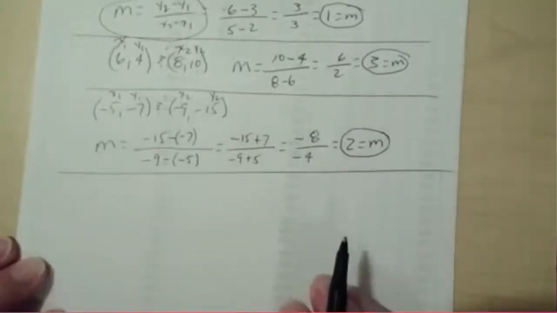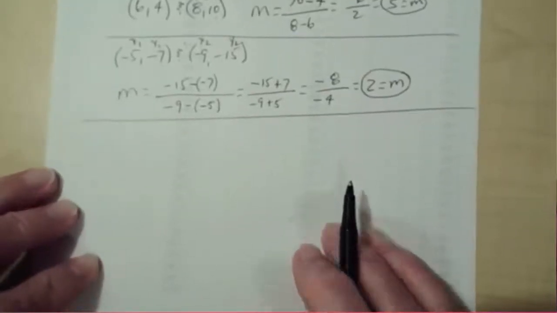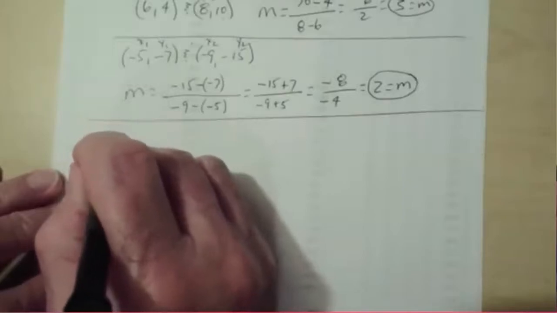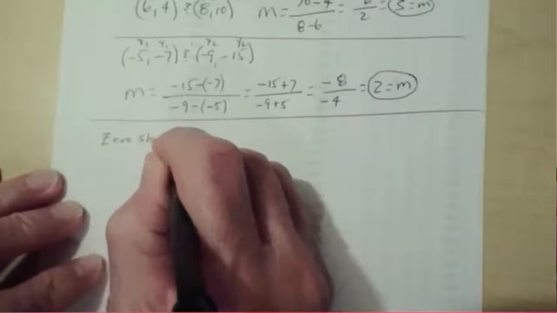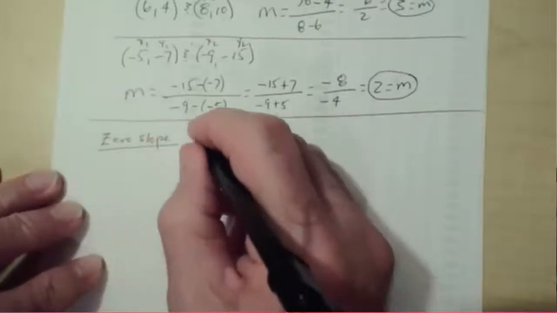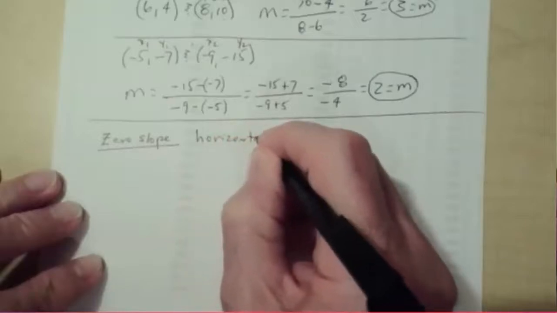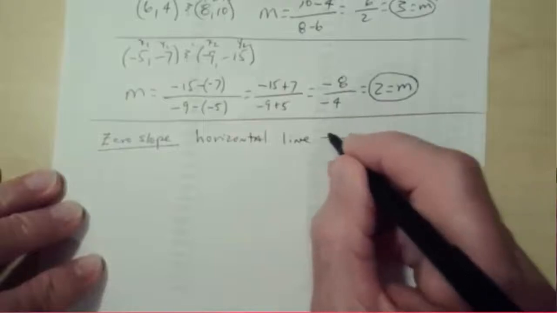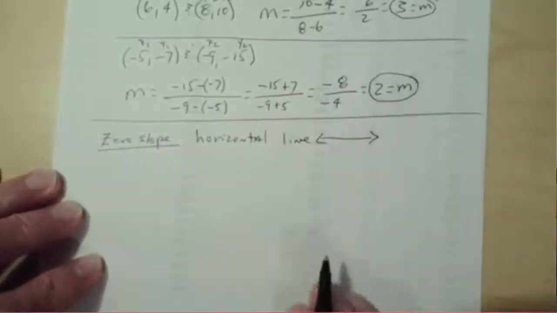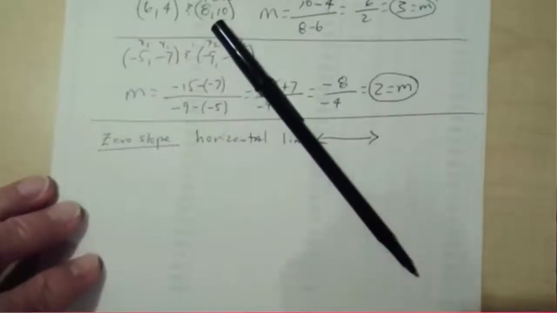Now, zero slope is a horizontal line. H-O-R-I-Z-O-N-T-A-L is a horizontal line, like that. You can think about it kind of like the old time speedometers, you've got them today too.